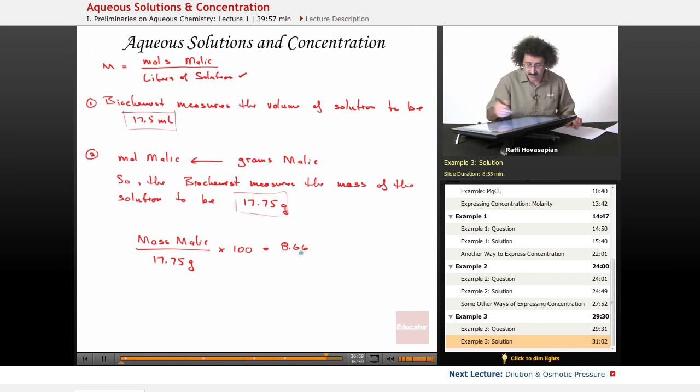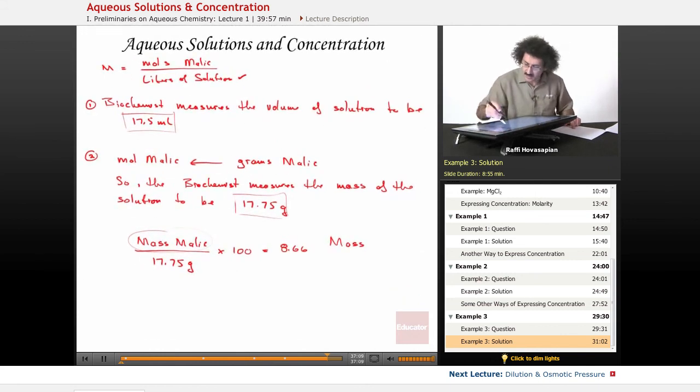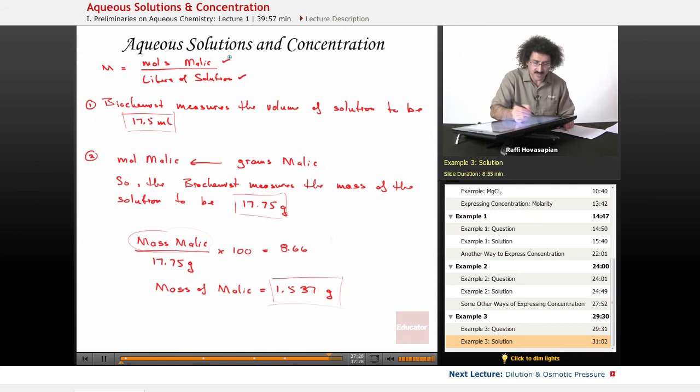We just do a little bit of algebra to find the mass of malic acid. After a little bit of rearranging, the mass of malic acid happens to be 1.537 grams. Well, there you go.